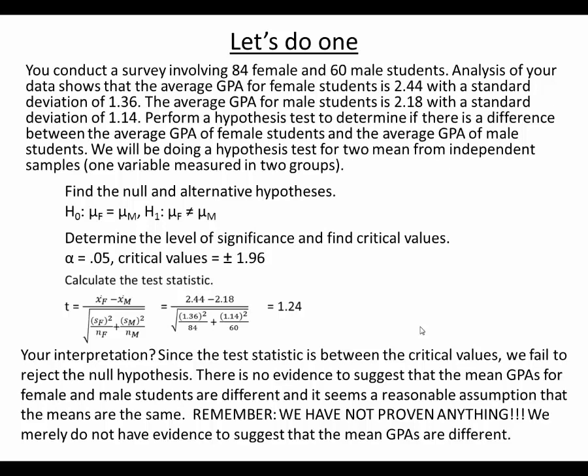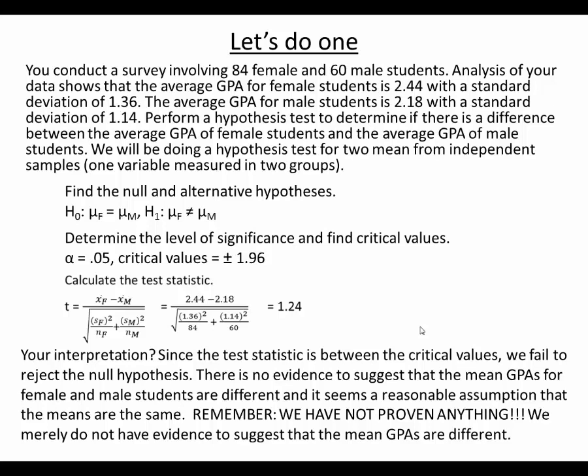From this sample, from this information that we've got, despite the fact that the sample average for females is greater than the sample average for the males, there isn't any evidence to suggest that males and females have different GPAs. Maybe if we took a bigger sample, if we had a sample of 284 women and 260 men, and there was that difference in GPA, maybe we would have a statistically significant result.